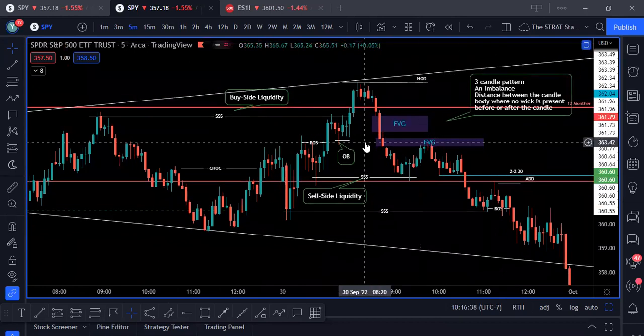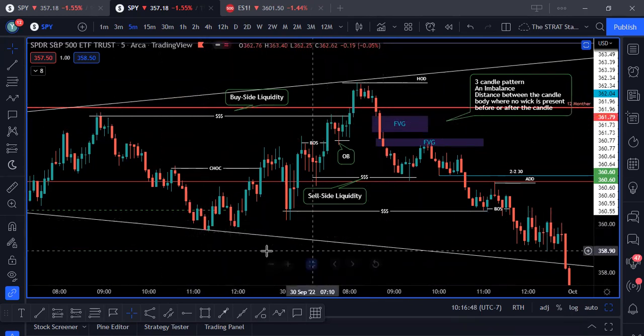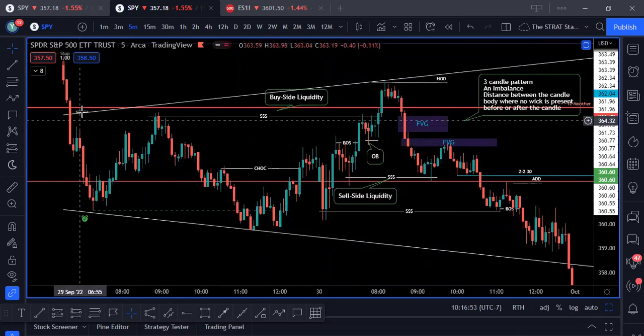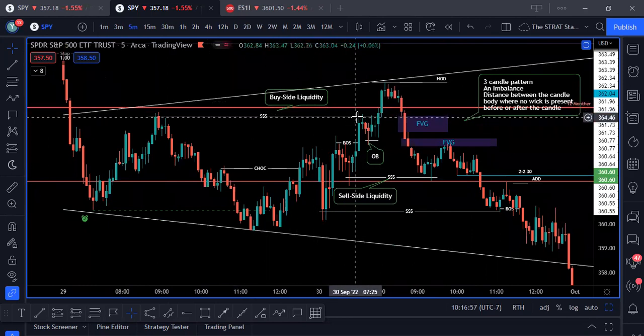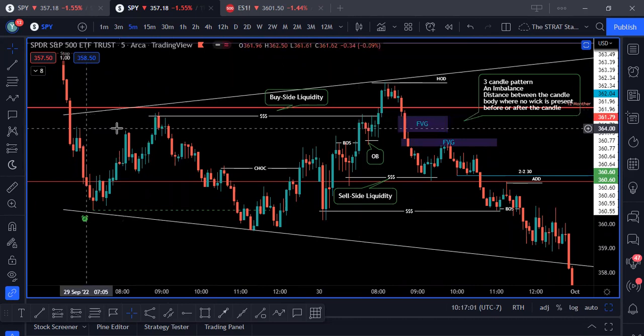The main things I tend to look for after I have my BFs, or even before, is liquidity. That's what these signs are. Buy side is at the top, sell side is at the bottom. Liquidity is really just areas of highs, where you'll see multiple highs that haven't been ran through, or equal highs.